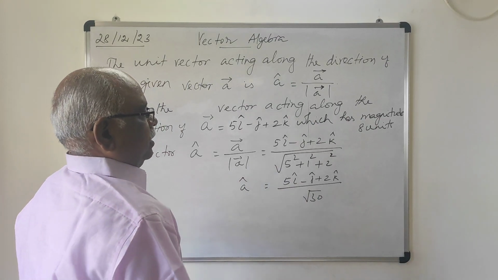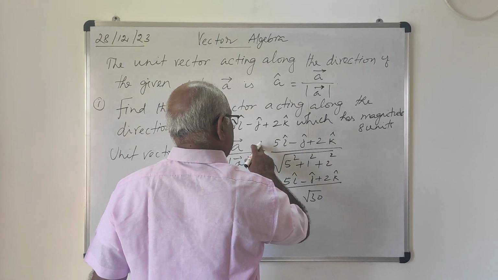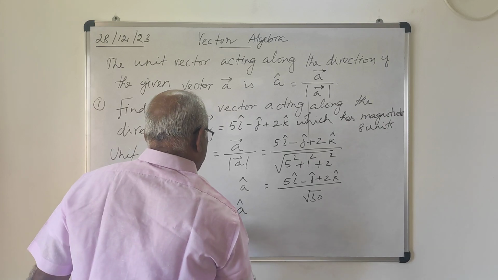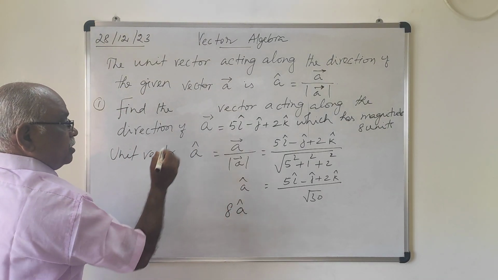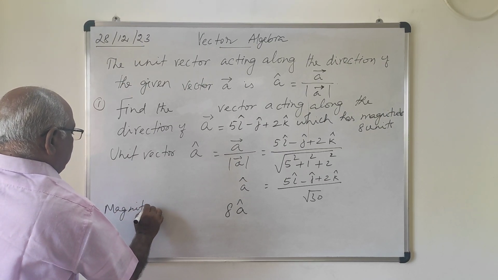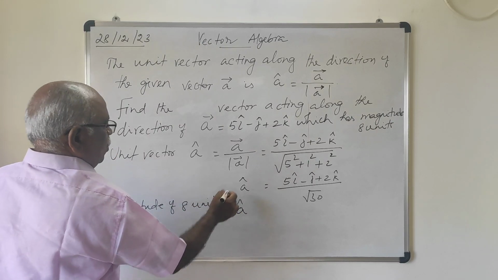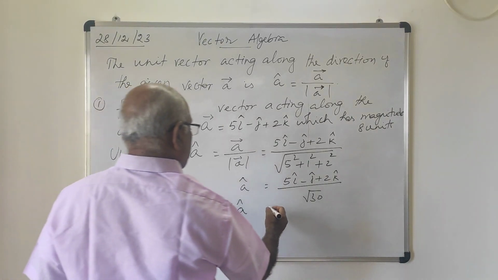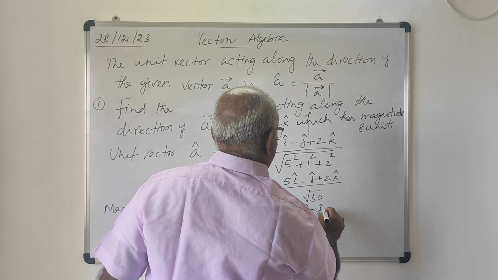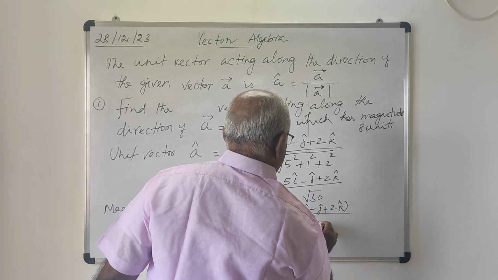We want a vector acting in the direction of this vector having magnitude 8 units. Therefore, we want 8 A cap. Required vector is: 1 unit is A cap, 8 units is 8 A cap, equal to 8 into 5i minus j plus 2k by root 30. This is the answer.